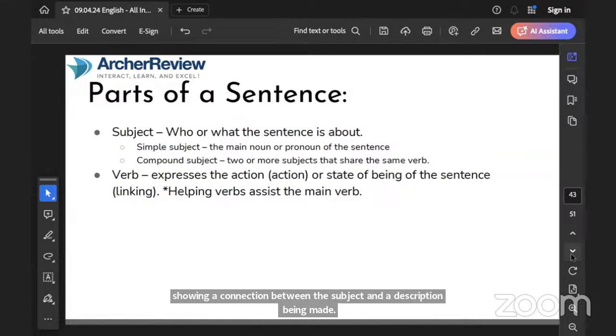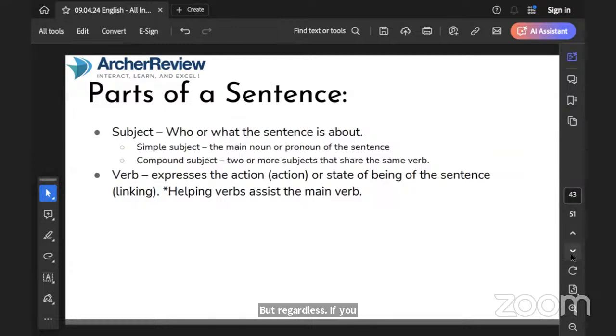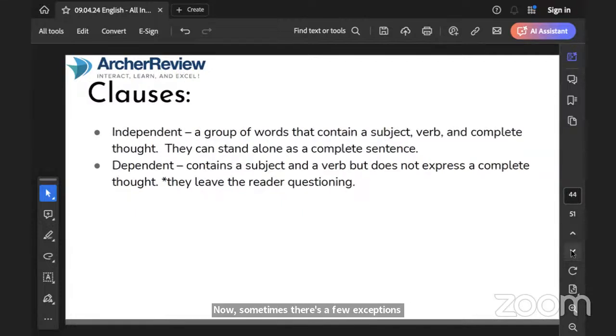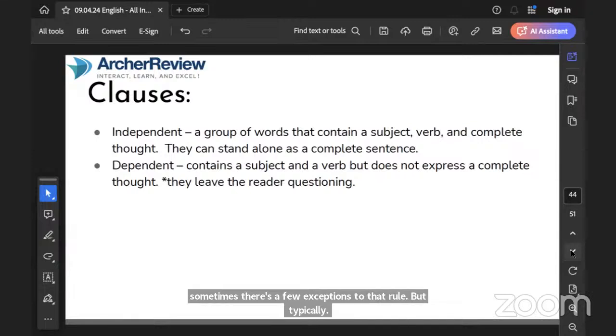But regardless, if you have a complete sentence, you must have a subject and a verb. And typically the correct order would be subject and then the verb. Now, sometimes there's a few exceptions to that rule, but typically if it's correctly formatted, it would be subject and then verb.